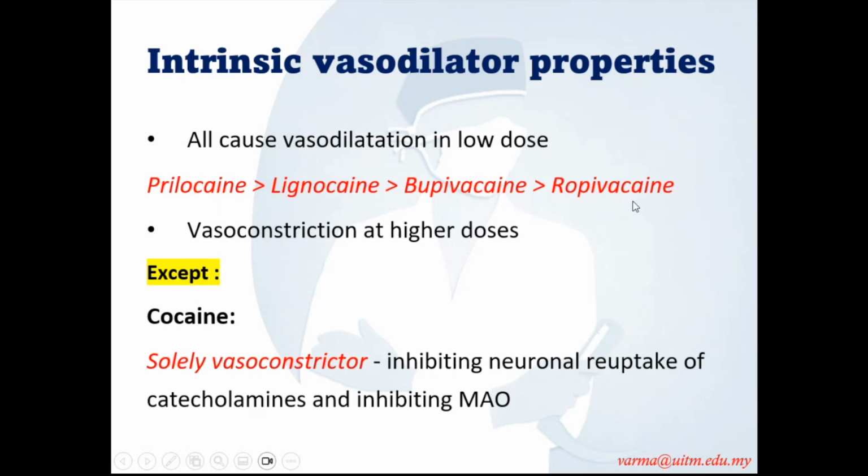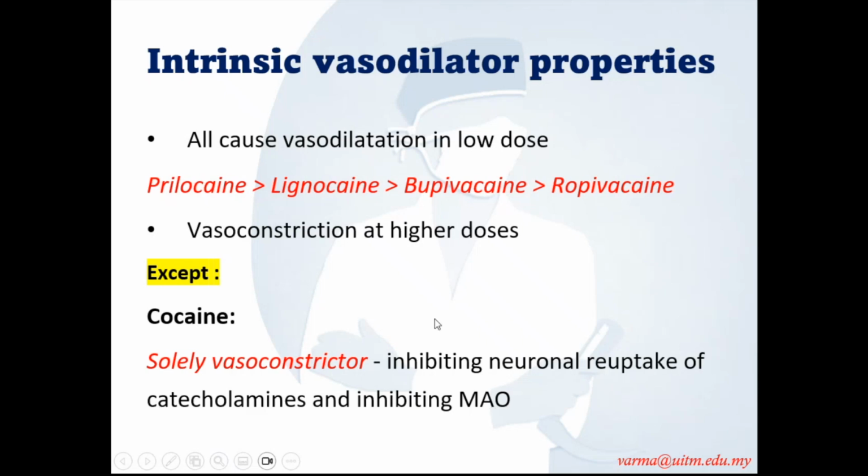So all cause vasodilatation in low dose, but when you give a high dose, they cause vasoconstriction, except cocaine. Cocaine is solely vasoconstrictive. Why? It has this extra effect of inhibiting neuronal reuptake of catecholamine, which is norepinephrine, and inhibiting monoamine oxidase. Monoamine oxidase is the enzyme that metabolizes your catecholamine.